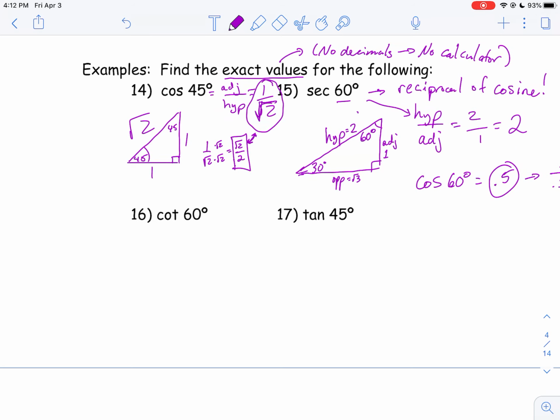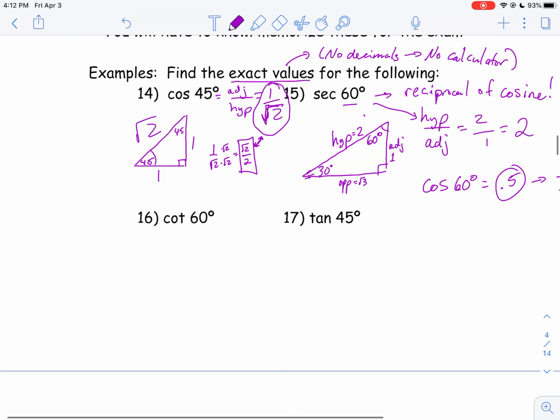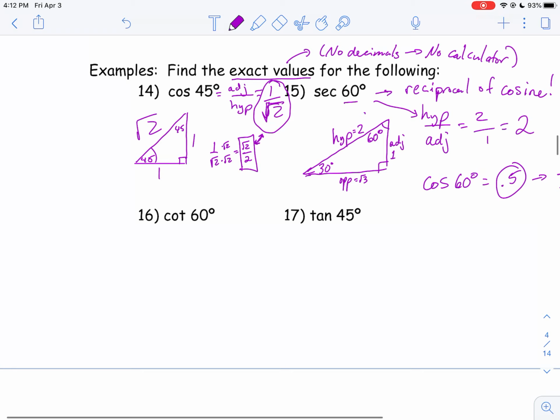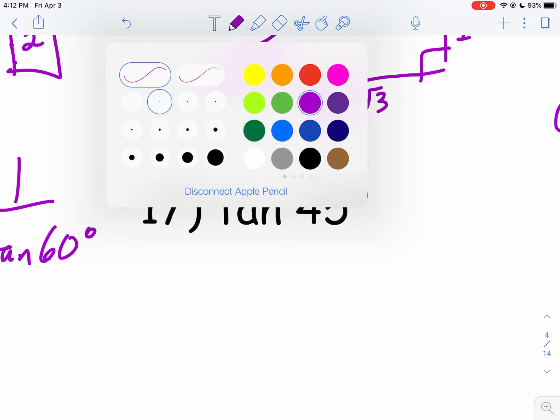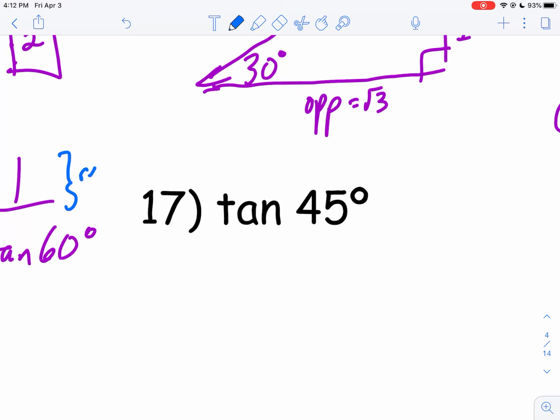All right, let's take a look at cotangent of 60. Cotangent is the reciprocal of tangent. Remember this 1 over? This just does the reciprocal.